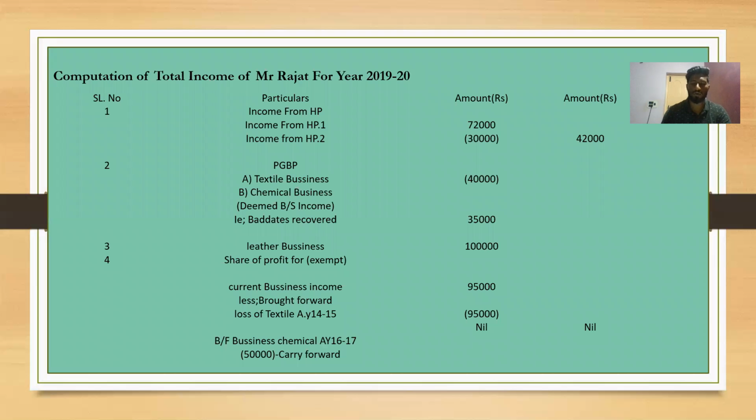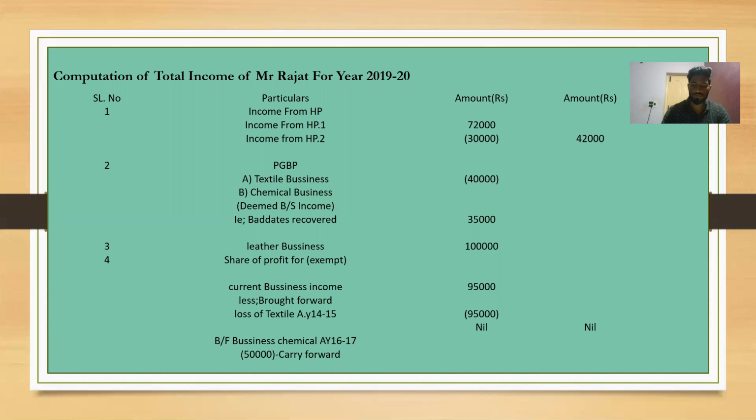So we are carrying forward the same amount to the next assessment year, as we don't have sufficient profit to set it off this year. So we don't have any profit now in PGBP.